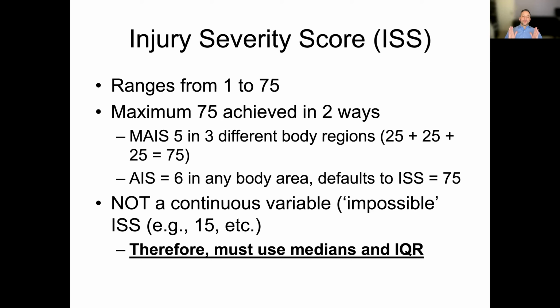Now, what's really important to keep in mind, and if you take away anything from this lecture, is that there are multiple mathematically impossible ISSs between 1 and 75. Because if you sum the squares of up to 3 different numbers, where those numbers are 1 to 6, there are many mathematically impossible ISS scores, including, for example, 15.